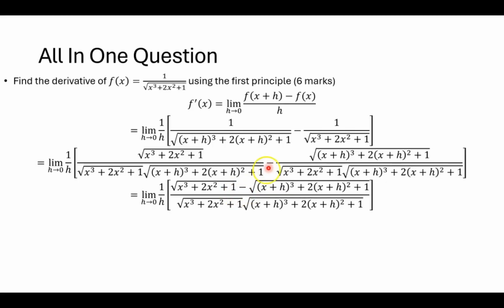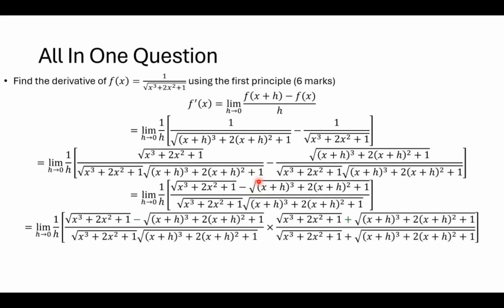And now we have two square roots on the numerator, and we don't want to see square roots because we can't expand the square root. So to get rid of it, we basically need to use the difference between squares formula. What you do is you multiply the top and bottom by the conjugate of the numerator. So you just change this minus sign into a plus sign here.